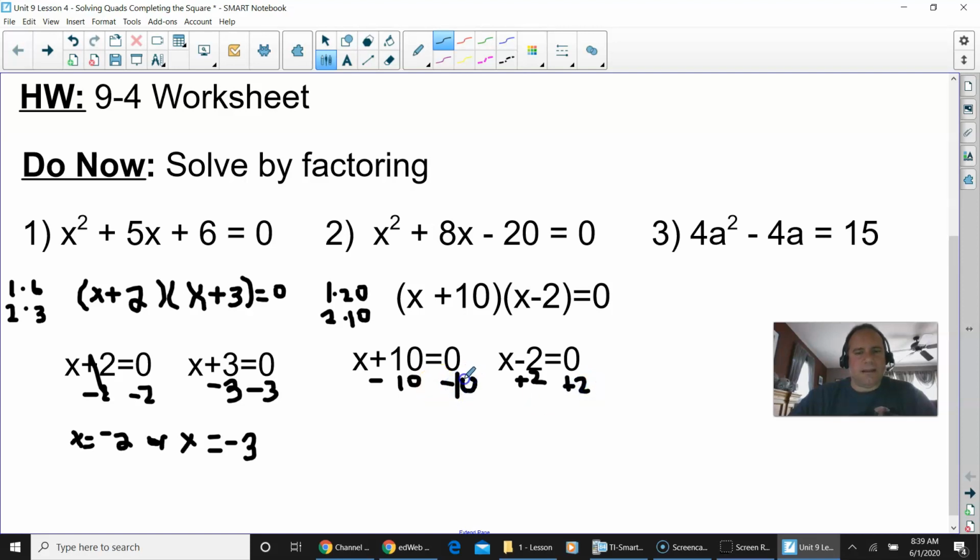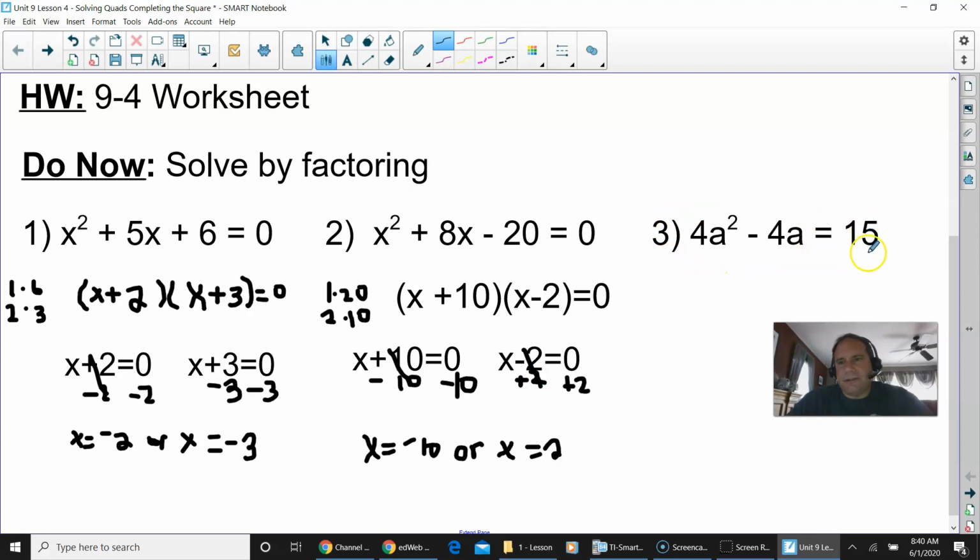So canceling out here, we have x equals -10, or x equals 2. Those are the roots of that quadratic. Go ahead, try number 3.